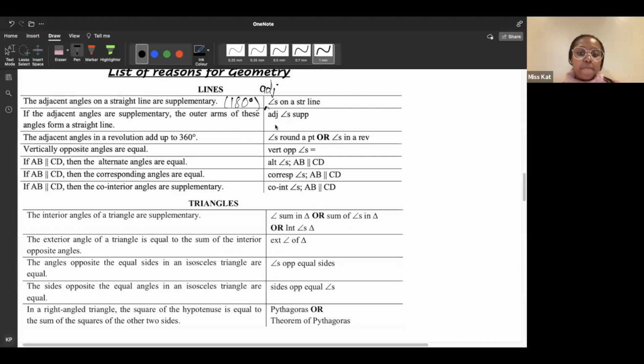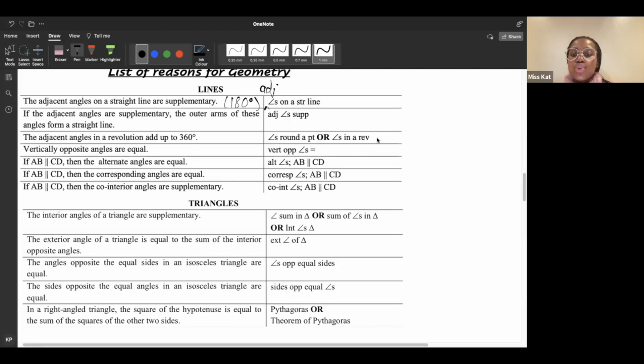And then, if adjacent angles are supplementary, then the outer arms will form a straight line. So this is like an inverse of the first one. And then adjacent angles in a revolution add up to 360. Adjacent means they're next to each other, and if they're in a revolution, meaning they go around, then they will equal 360.